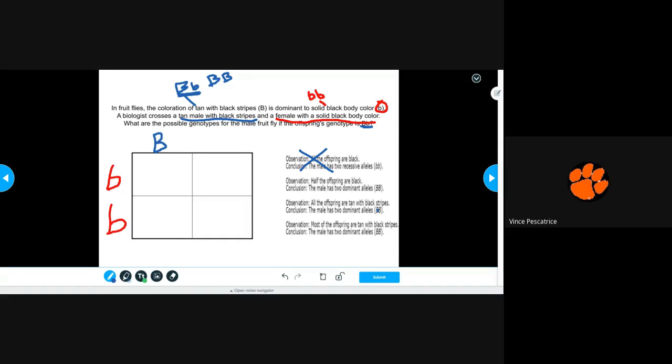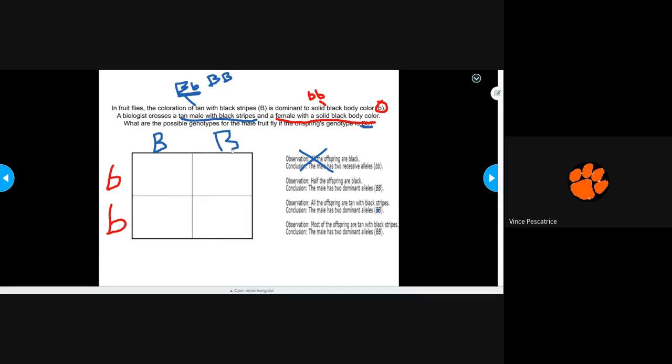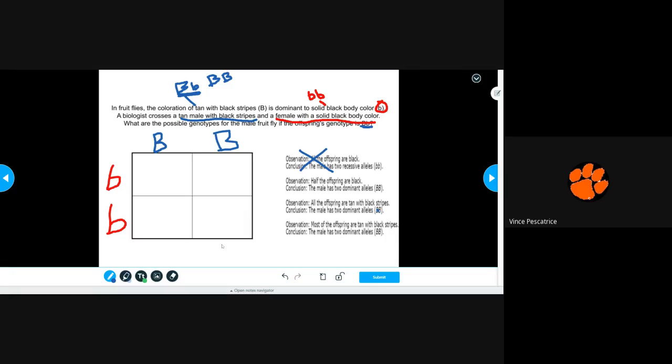Okay, so that gives us a hint to let us know that the second allele is B. Because out of the answers that are given to us, in each conclusion, the scientist concludes that it has a homozygous dominant trait.